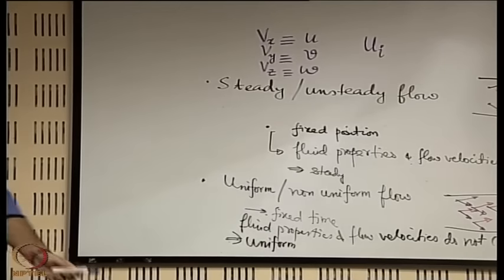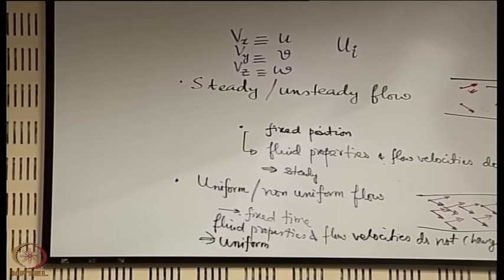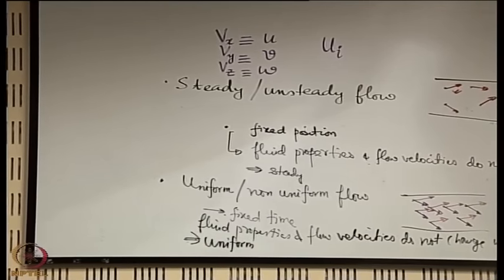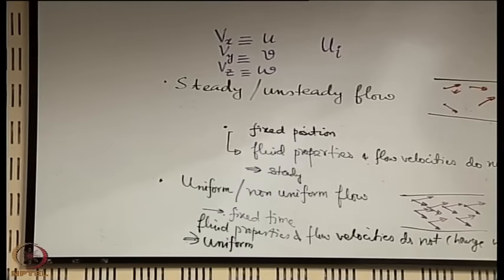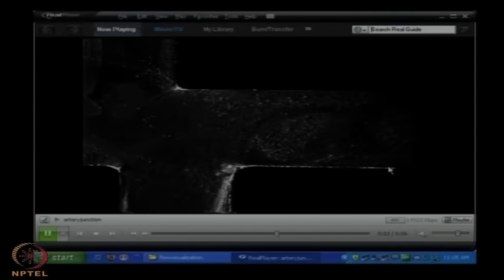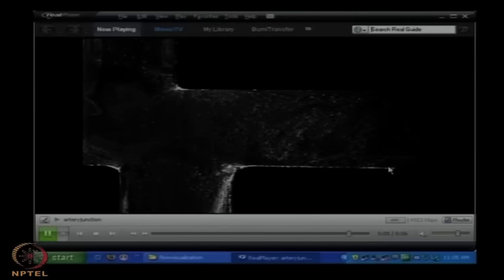So we have earlier seen some examples of flow visualization. Maybe what we will do is try to see some more examples of different methods of flow visualization. See this first example. In this example it is like flow in an artery junction.